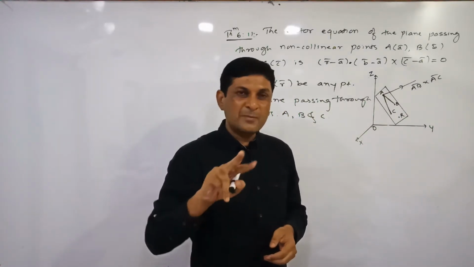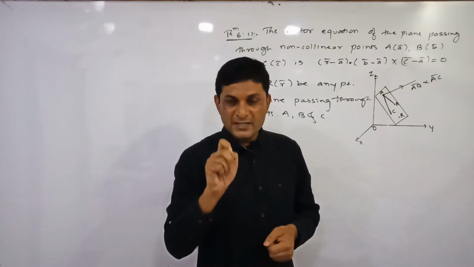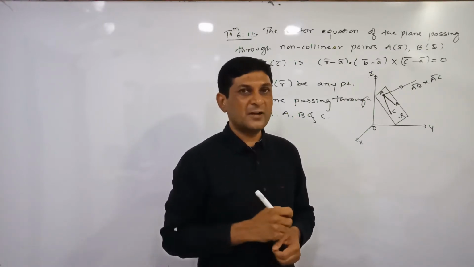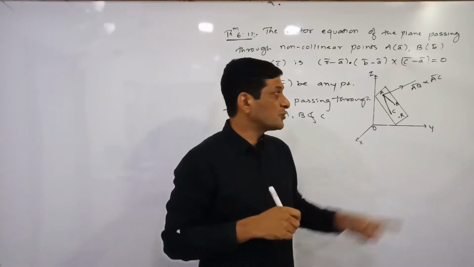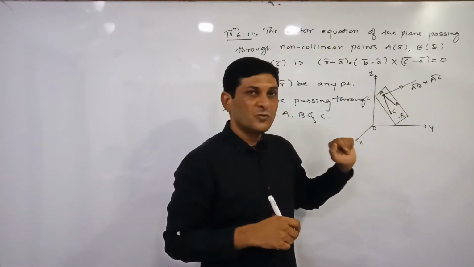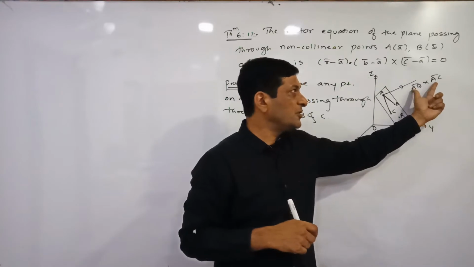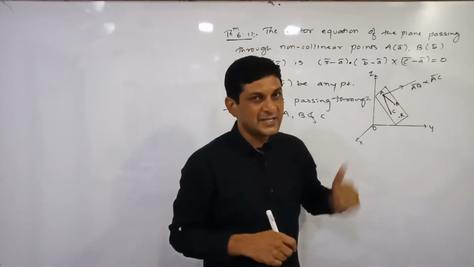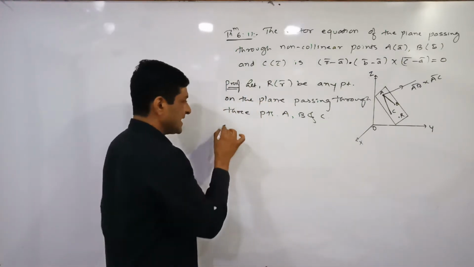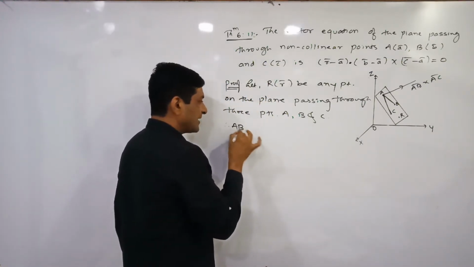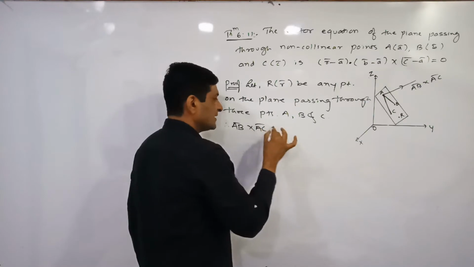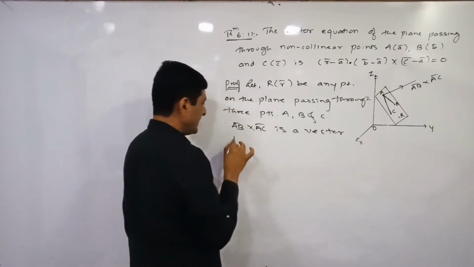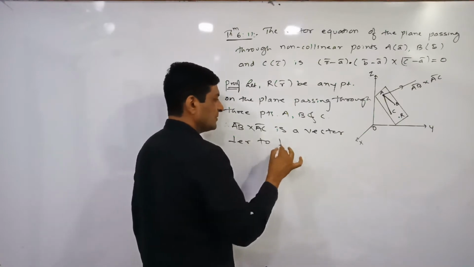We know that if A bar and B bar are any two vectors, then A bar cross B bar is a new vector which is perpendicular to the plane of A bar and B bar. So here AB bar and AC bar are two vectors, then their cross product is a new vector which is perpendicular to the plane of AB bar and AC bar. Therefore AB bar cross AC bar is a vector perpendicular to the plane.